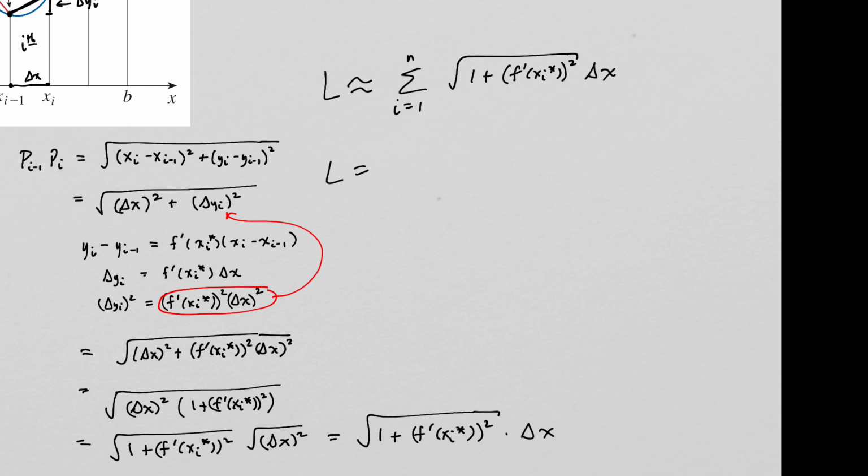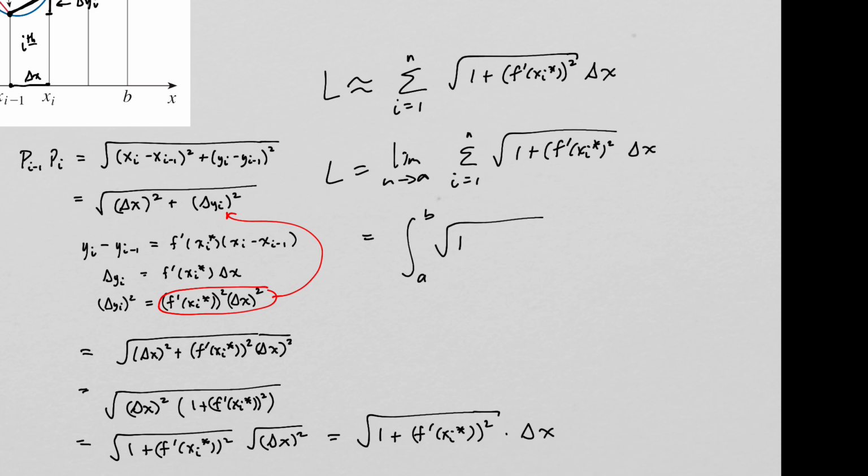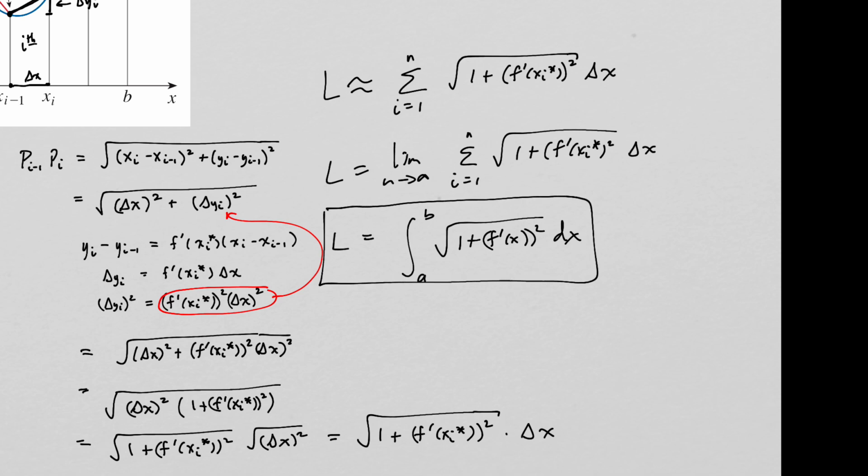And then the exact length will be the limit as n goes to infinity of this sum. And this we know to be the definition of a definite integral from a to b of the function in question. And this is the arc length formula.